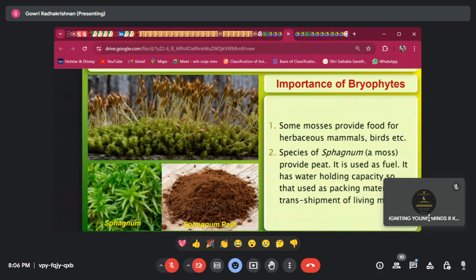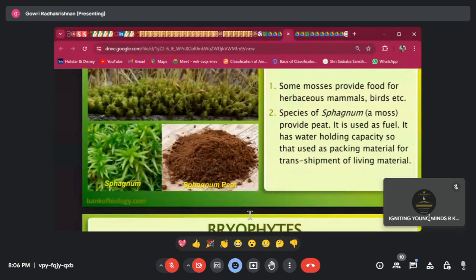Species of sphagnum, a moss, provide peat. It is used as fuel. It has water holding capacity, so it is used as packing material for transshipment of living material. This is the sphagnum.